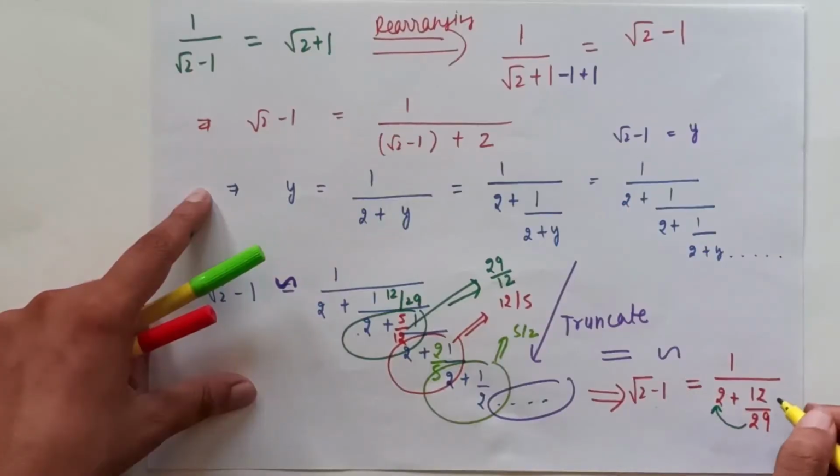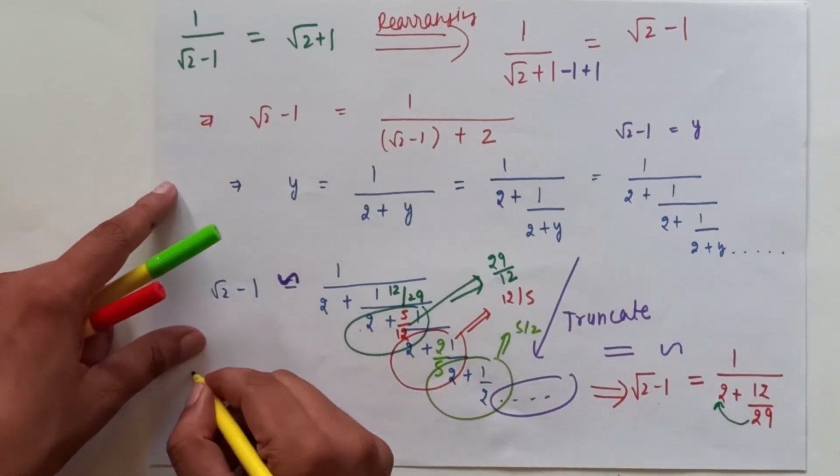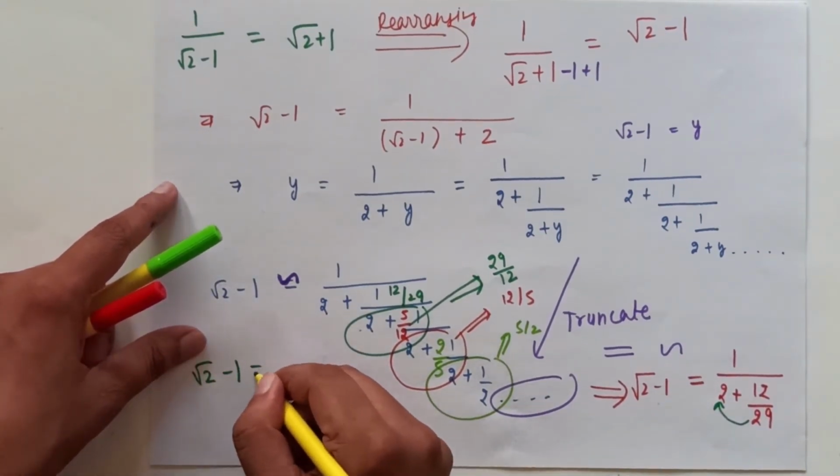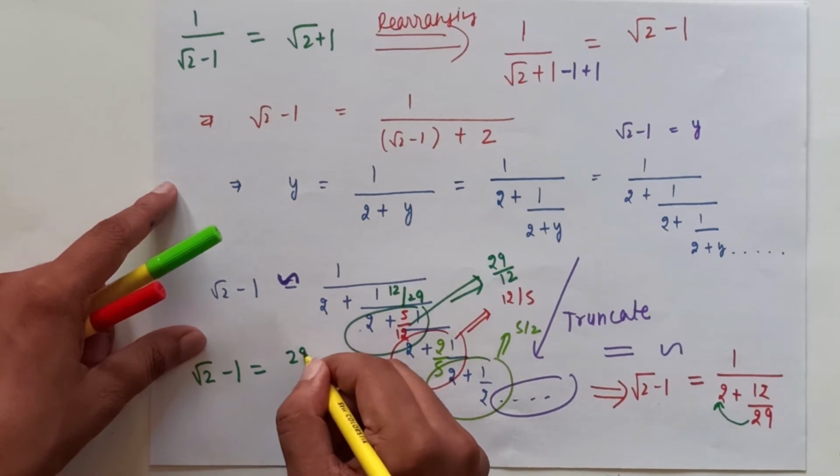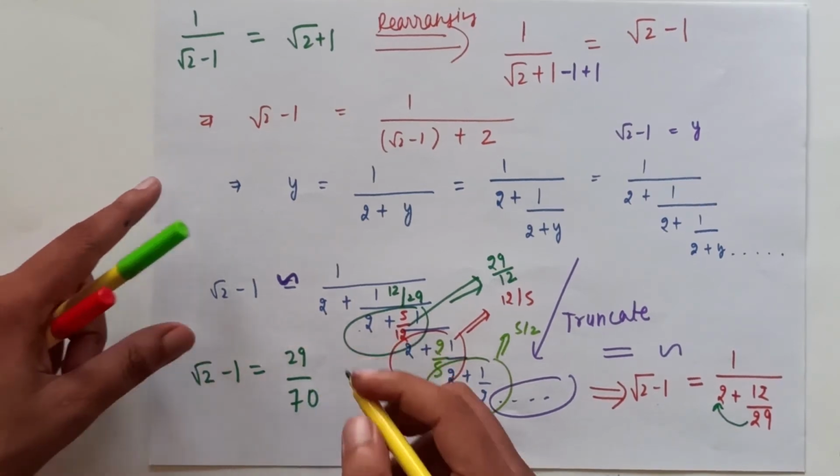So 58 plus 12, that is 70, and reversing it again we will get root 2 minus 1 is approximately equal to 29 over 70. This is a technique used to evaluate an irrational number as a fraction. We will discuss something more about it. Let me change my sheet.